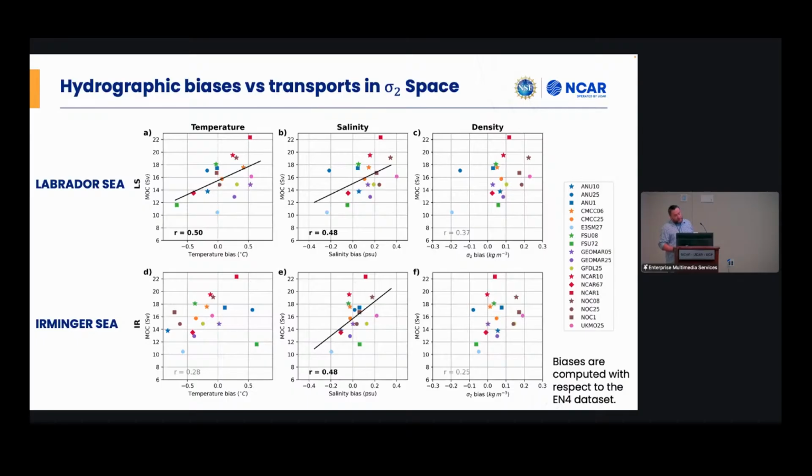In the Irminger Sea, mostly for salinity, if you increase the bias in salinity, you will have a larger transport. In density, we don't find any statistically significant relationship. Mostly there is a lot of compensation in terms of density bias, and that's why we lost that relationship.